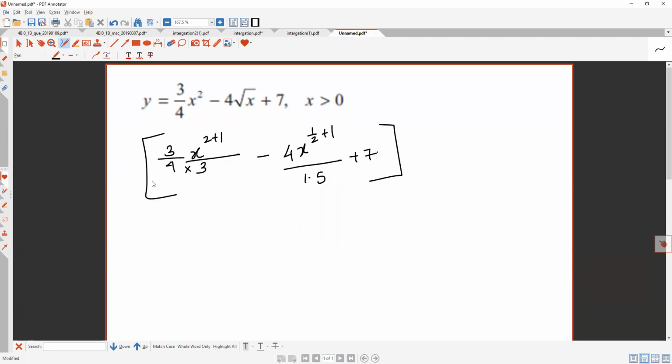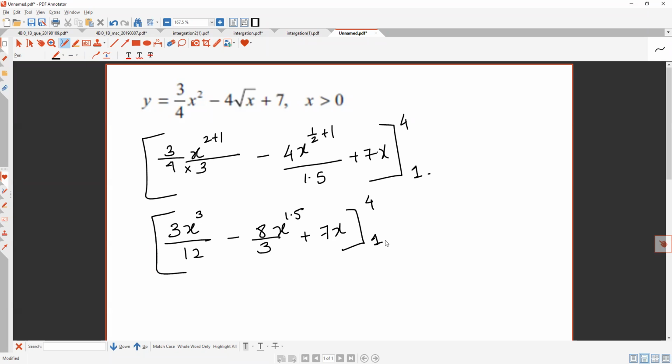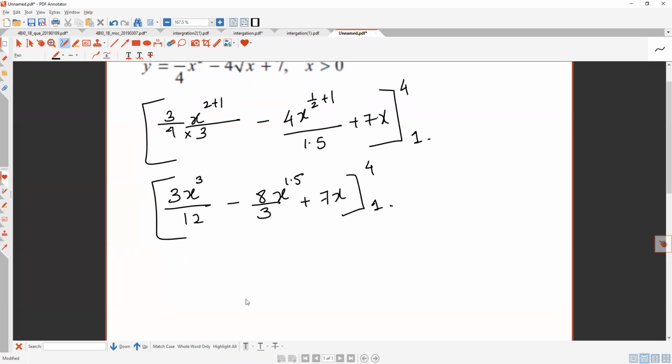So it's going to be 3x cubed by 12 minus 4 divided by 1.5, that is 8 by 3, x raised to 1.5, plus 7x. Again, let's do 4 and 1. So 3 into 4 cubed divided by 12 minus 8 into 4 raised to 1.5 divided by 3 plus 7 into 4.